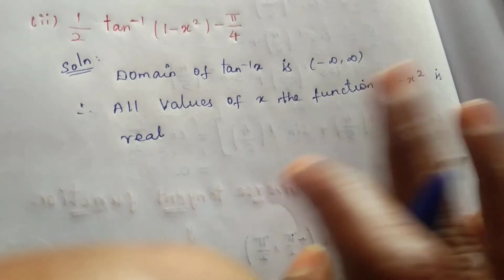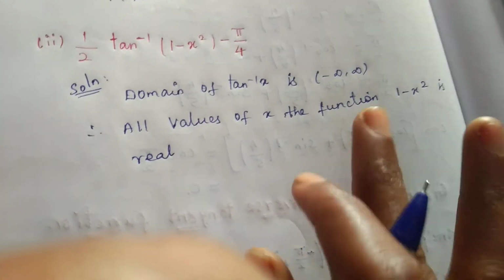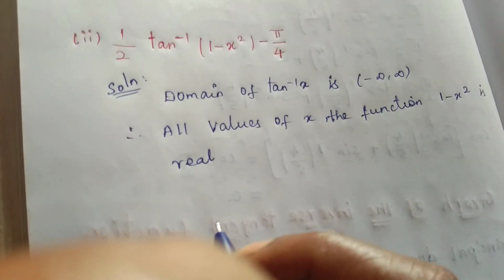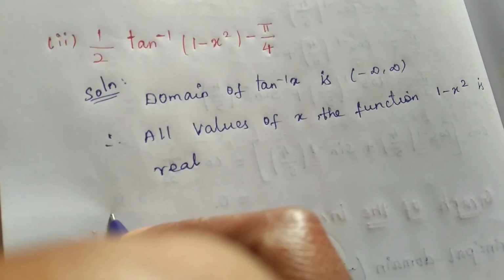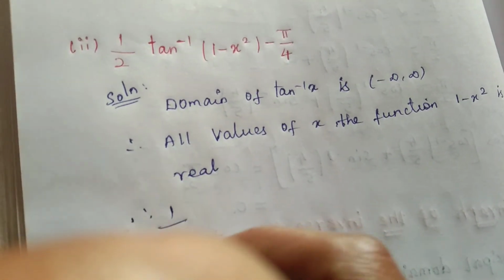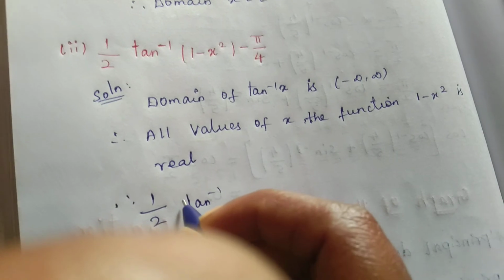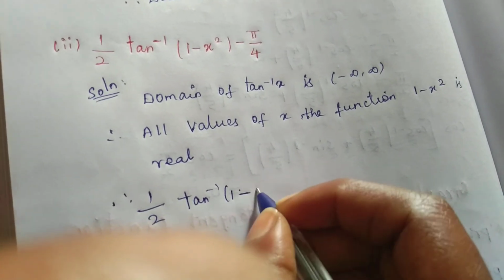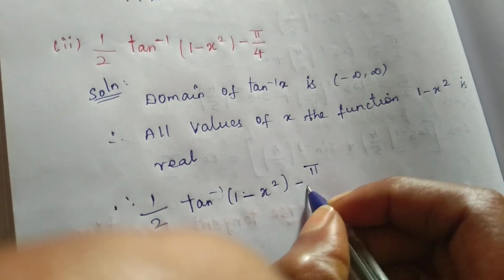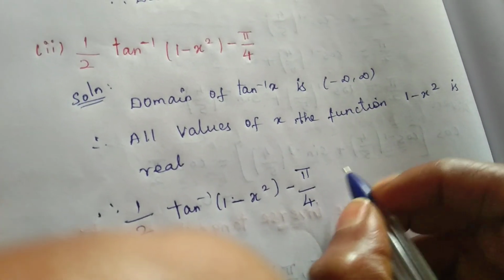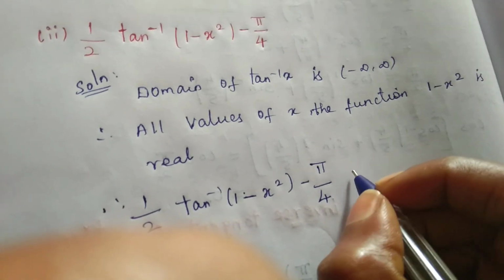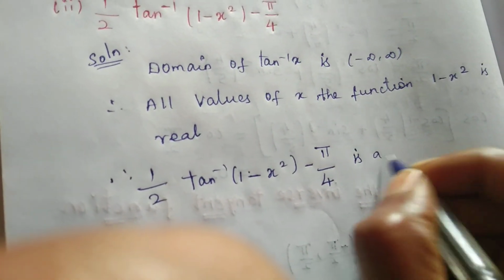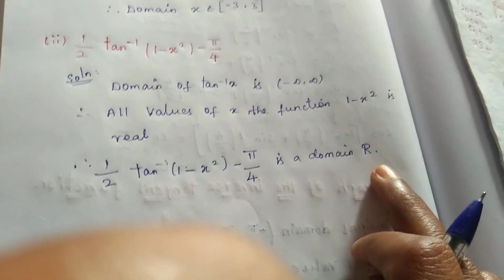The real values of x are always taken as the domain, real numbers. Hence, one by 2 tan inverse of 1 minus x square minus pi by 4 has domain R. Therefore the domain is all real values of x.